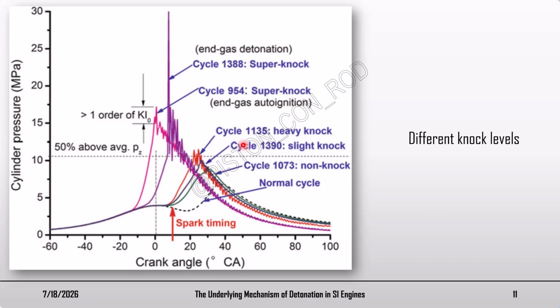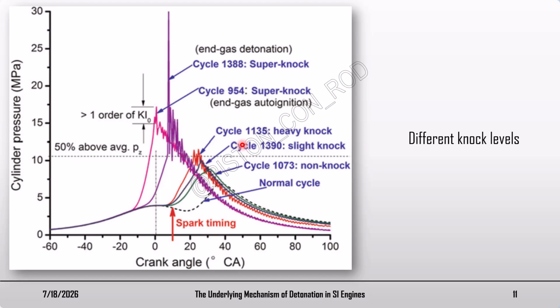Also, the important thing is to know what amount of fuel is remaining when auto ignition happens. If the normal combustion flame consumed a lot of that end gas, there wouldn't be a lot of fuel remaining to develop into detonation or thermal explosion.